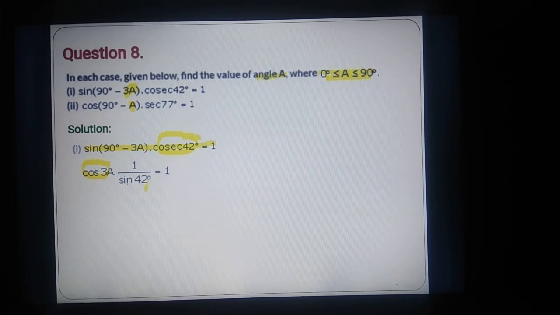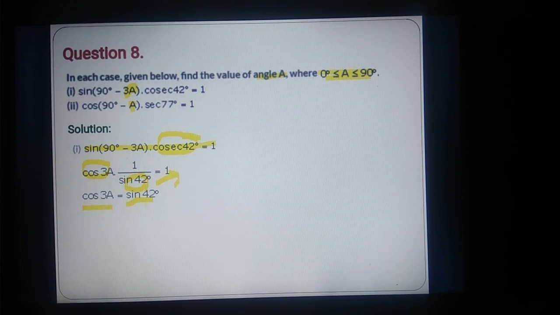Now when I take this over there, I have cos 3A on the left hand side, and on the right hand side I have sine 42 degrees. On the left hand side we have cos, on the other side we have sine.